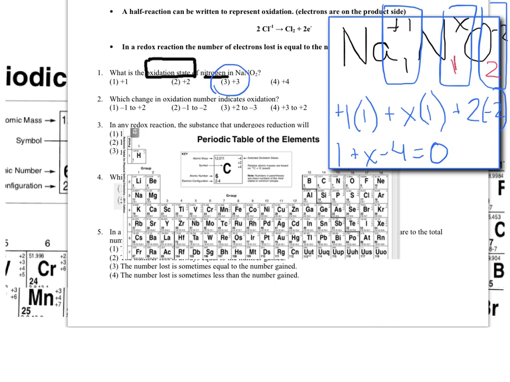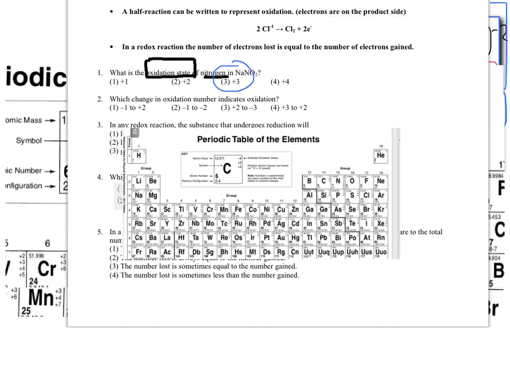The next question asks us about oxidation. So we'll have to refer to our definition of oxidation. Here we're going to refer to our kind of funny mnemonic devices, but we remember that in oxidation and reduction, we can remember LEO and GER. So oxidation is the loss of electrons, while the gain of electrons is reduction.